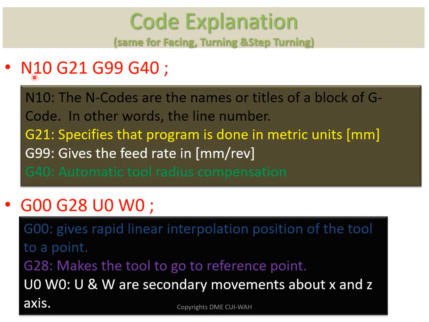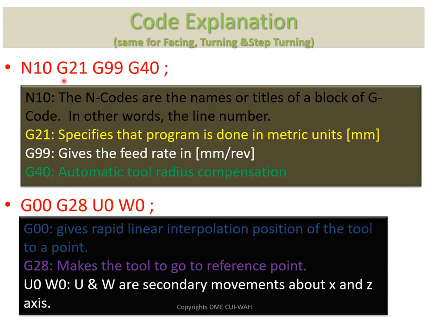Now moving towards the next line, this is N10, G21, G99, G40. Starting with the N10 line, whenever the N code is used, it is used to define the name or title of a block of G code. Or simply, it defines the line number. So N10 means line number 10.